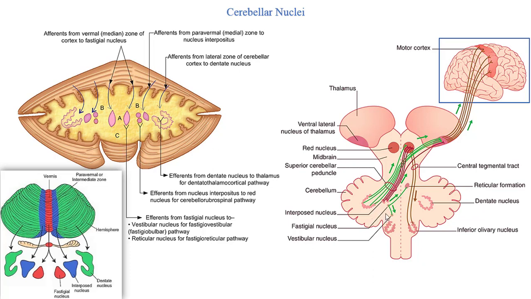Axons from the fastigial nucleus pass through the inferior cerebellar peduncle to reach the vestibular nuclei and reticular formation. These in turn result in the stimulation of proximal and trunk musculature to maintain balance.